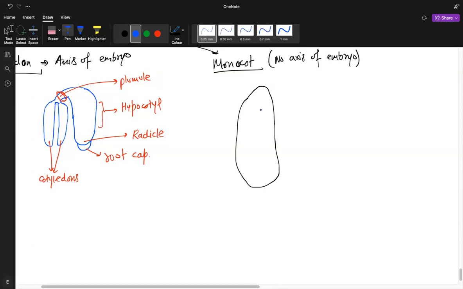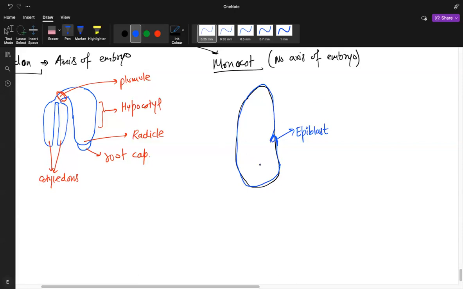All you have to remember is that in the shape there is a region called the epiblast, which lines up the whole embryo. The word epi means the covering, just like epidermis, epiblast.